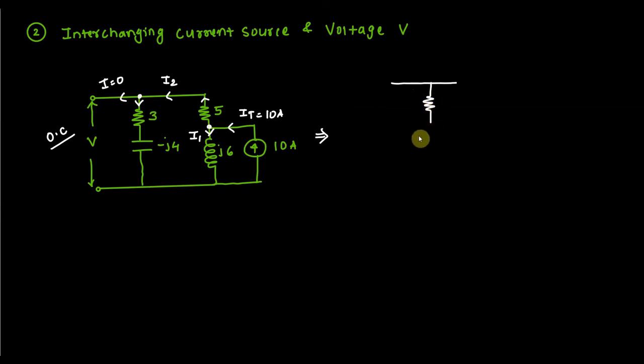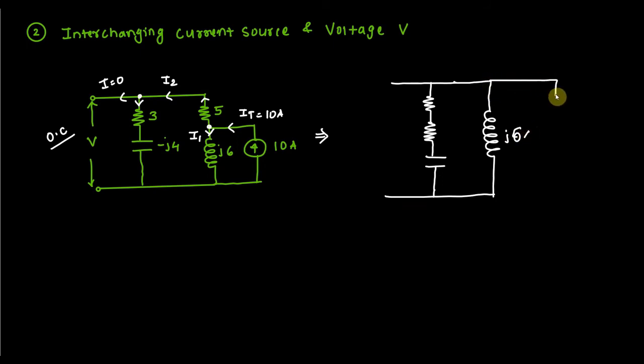This will be the 5, this will be the 3, and here this inductor is there, whose value is J6, and we have a current source here.